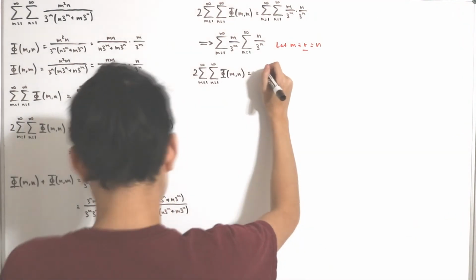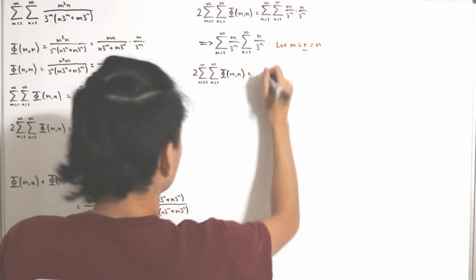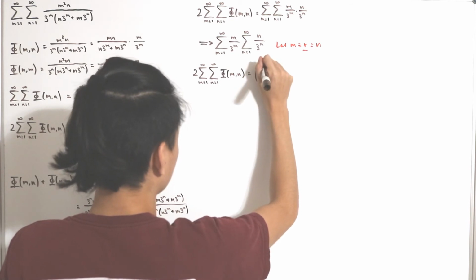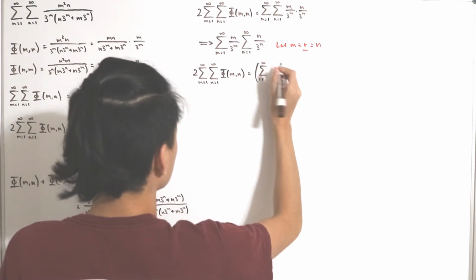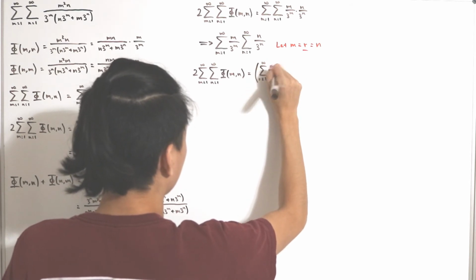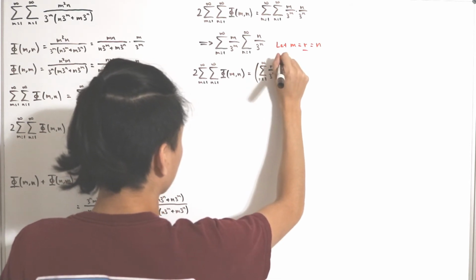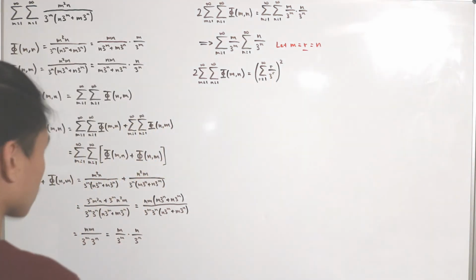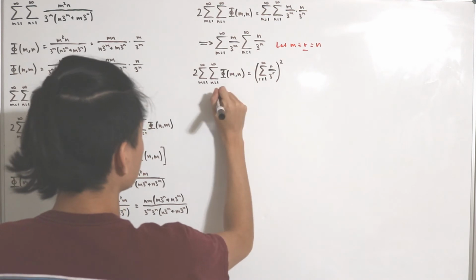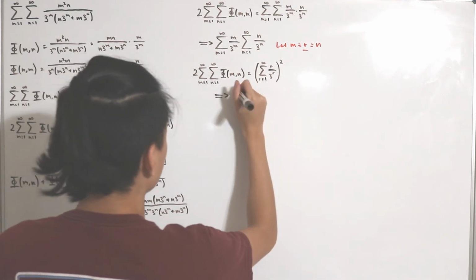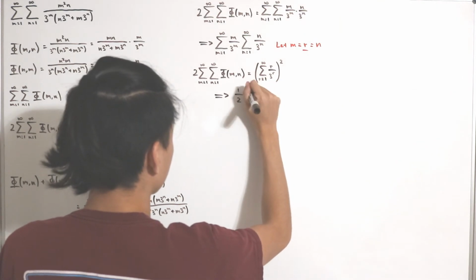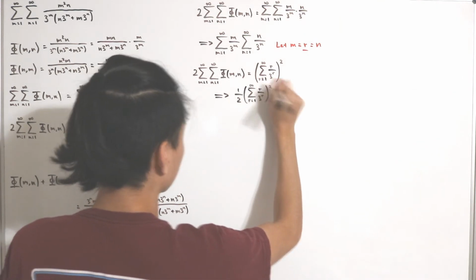So I can actually just write this in parentheses, the sum to infinity, r is equal to 1 of r divided by 3 to the r, and then that squared. And now I can just divide that by 2. So this means this is just 1/2 multiplied by our sum squared.